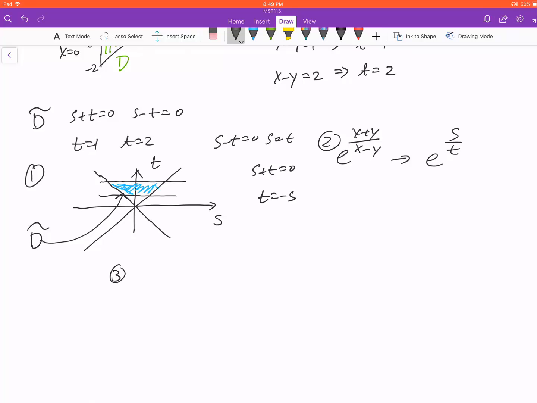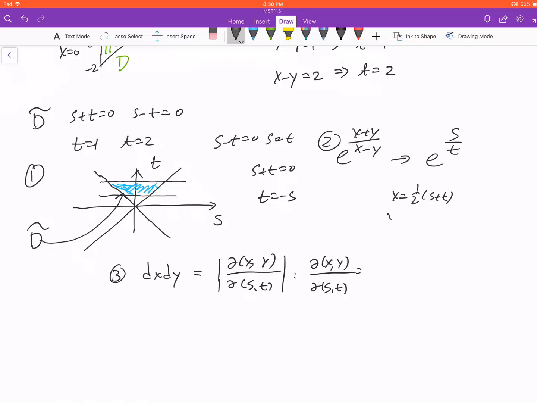Third part, we now need to look at dx dy. Remember the notation. We are saying this is going to be equal to partial (x, y) over partial (s, t), the absolute value of the Jacobian. And we will calculate the Jacobian separately over here. This is a determinant. Take the partial derivative. Remember, we have x is equal to 1/2 (s plus t), and y is equal to 1/2 (s minus t).